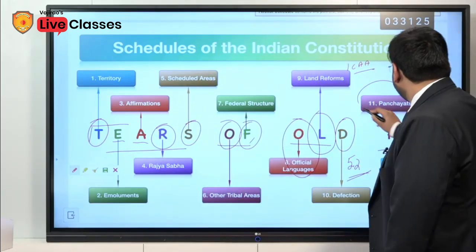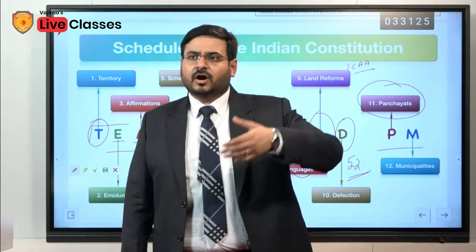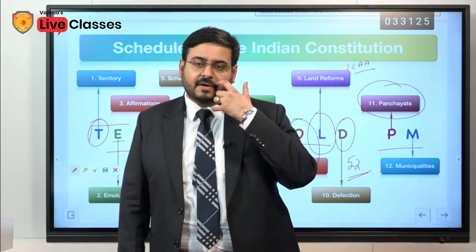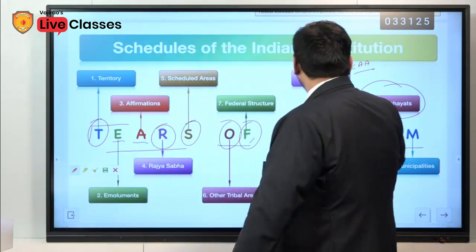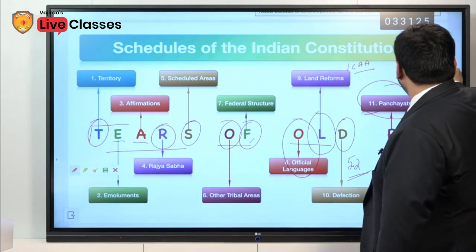Then in the 11th schedule, the panchayats are mentioned, that on what basis, on what parameters the panchayats can have their powers and functions, that are mentioned in the 11th schedule. That was added through the 73rd Constitutional Amendment Act.